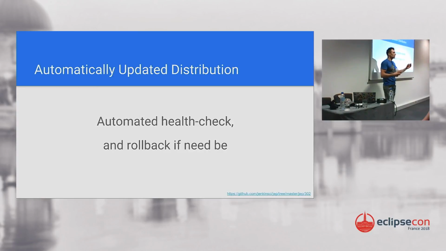Once it's updated, it's going to be checked, and if it's not okay, it's going to roll back to the previous version. That means we may need to roll back the war, which, for people maybe not that aware, is the core of Jenkins, the web app, or roll back a given plugin that was part of the last update we just applied.